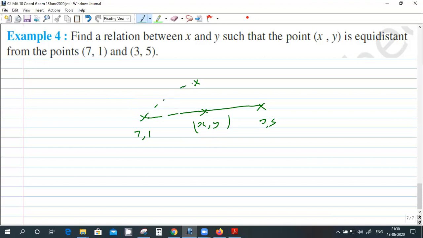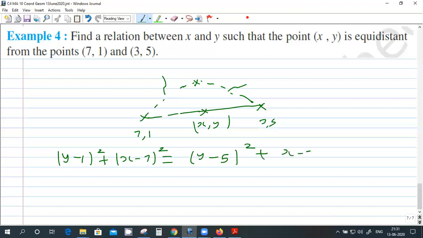Yeah, it can be a triangle also. This is also equidistant. So basically, what is this distance? Square root of y minus 1 whole square plus x minus 7 square, right? And this distance is y minus 5 and x minus 3. This is the relation between x and y.